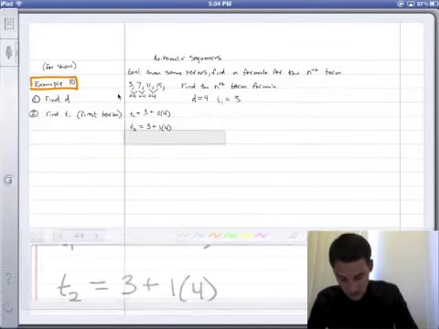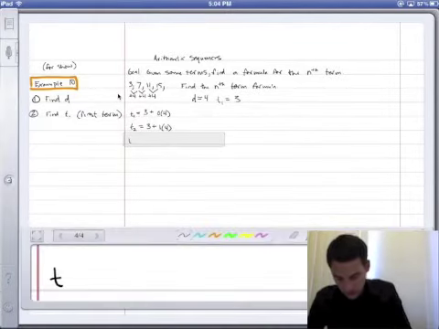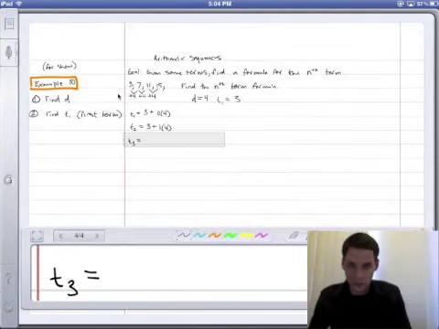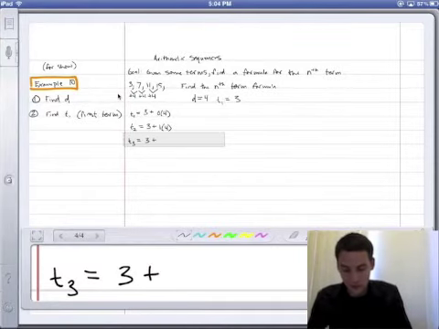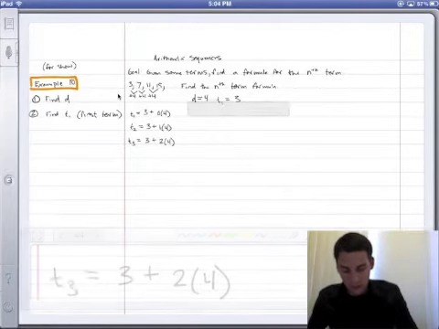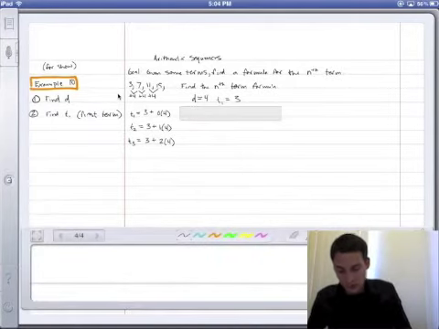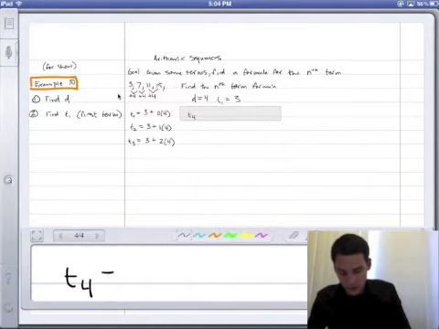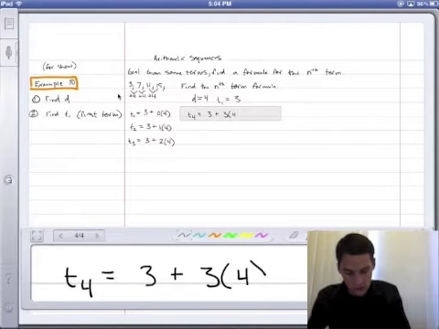So that's that. Third term, what is it going to be? I think you'll notice a pattern here. 3 plus 2 times 4. And then the next one, t sub 4 equals 3 plus 3 times 4.